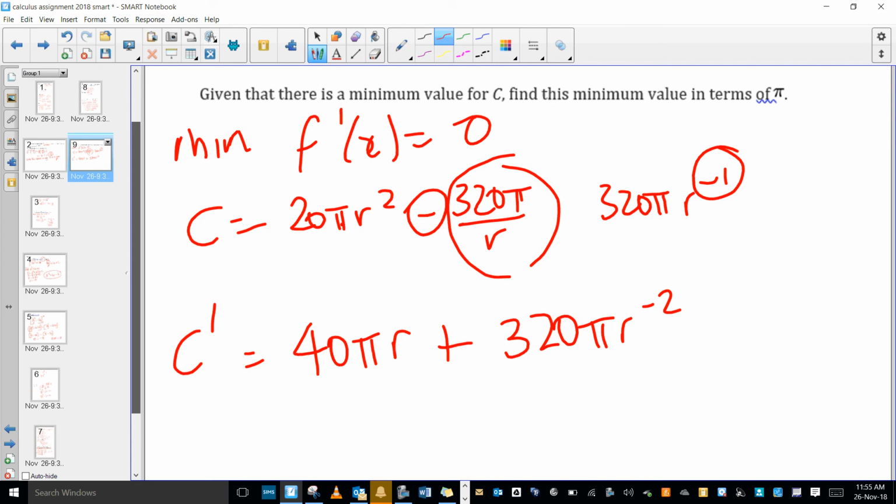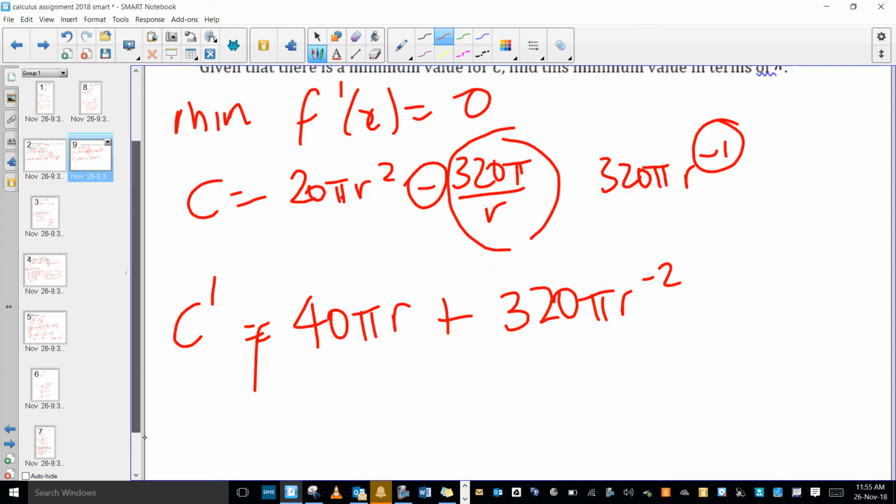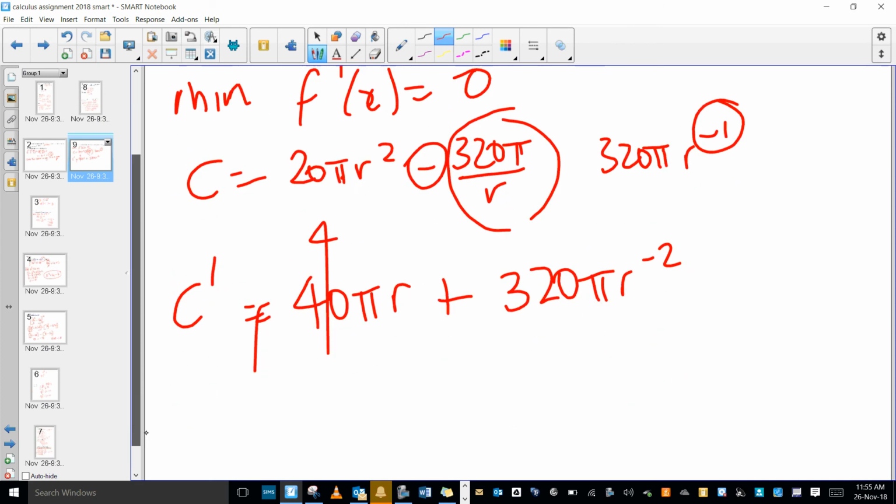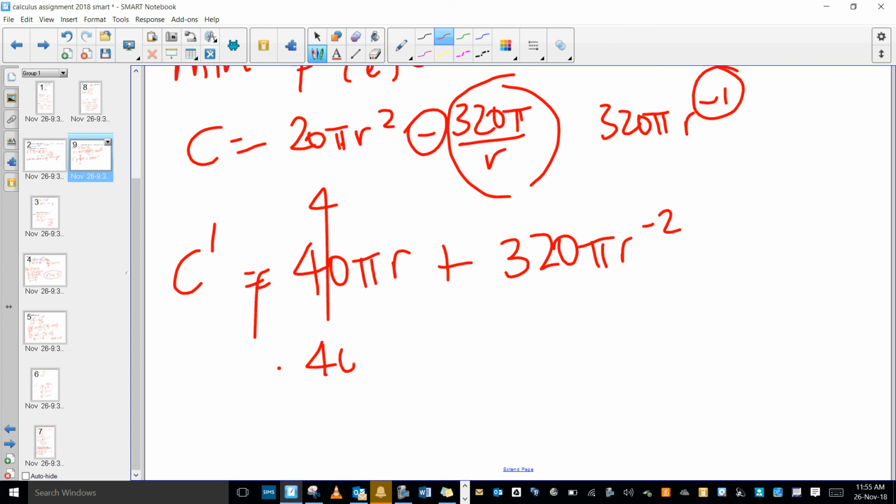So that's 40 pi r plus 320 pi over r squared.